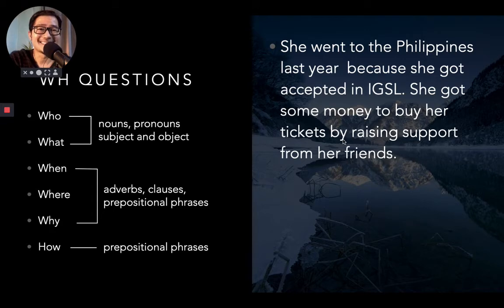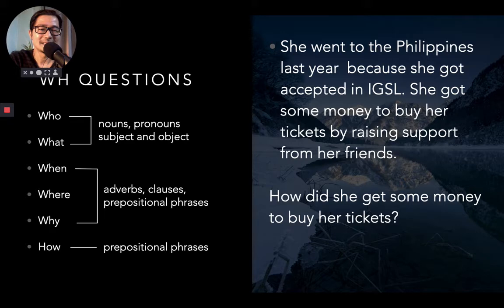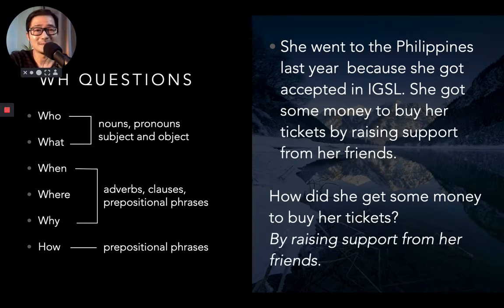Now, some students would do something like this. How did she get some money to buy her tickets? By raising support from her friends. Be careful with that. Don't answer the question in your question. So don't include the answer in your question. The question should only be, how did she get some money to buy her tickets? And the answer is by raising support from her friends.